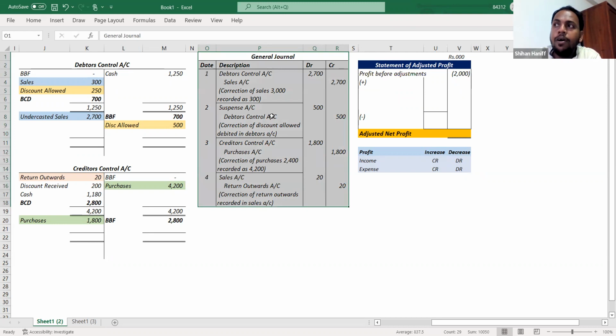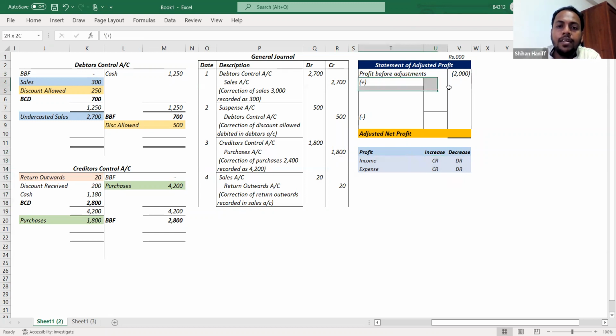If the income or expense is credit, then you add, profit will increase. And if the income or expense is on the debit side, then you deduct, because profit will decrease. So that is the summary.